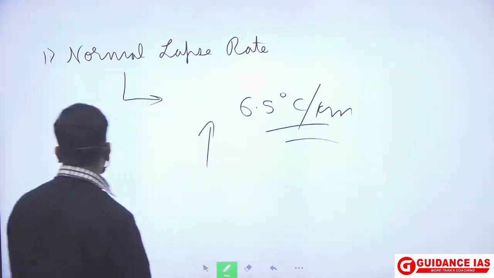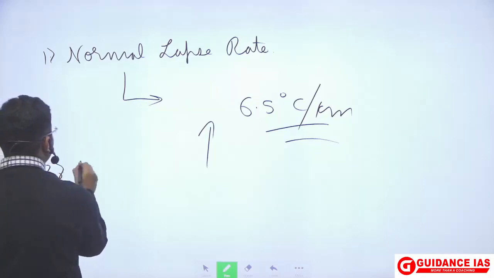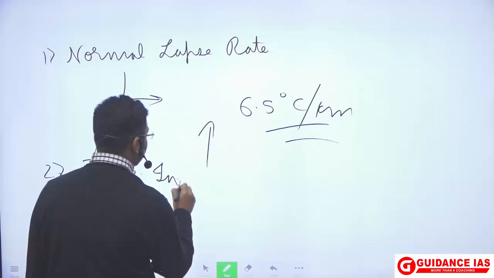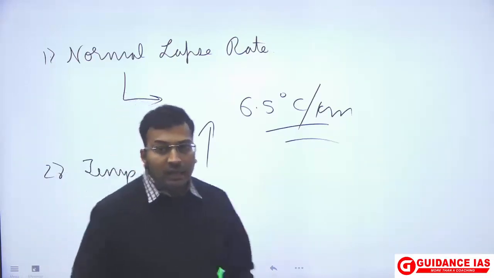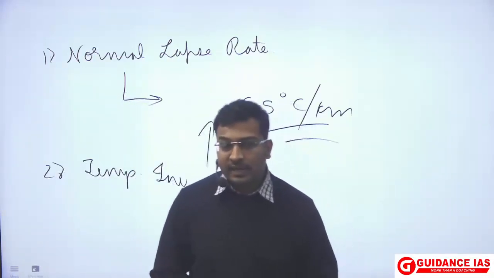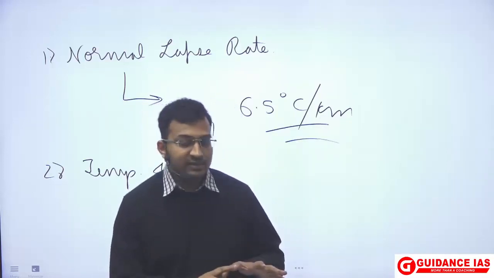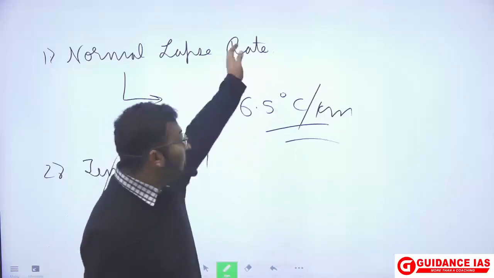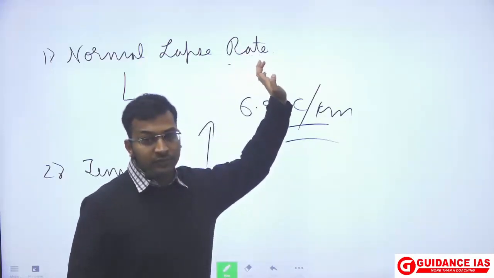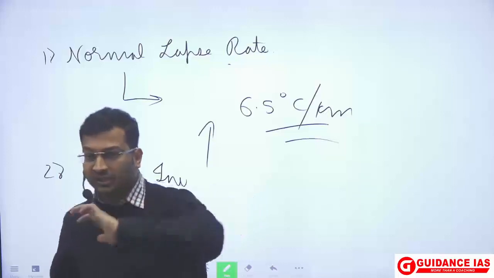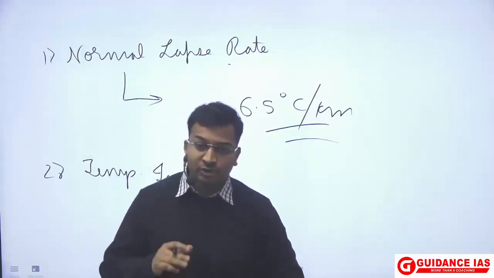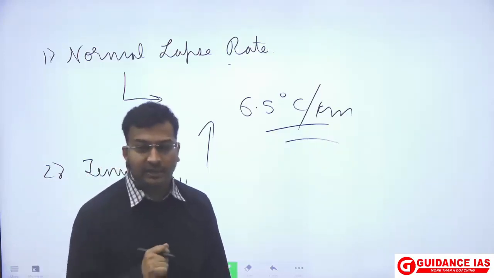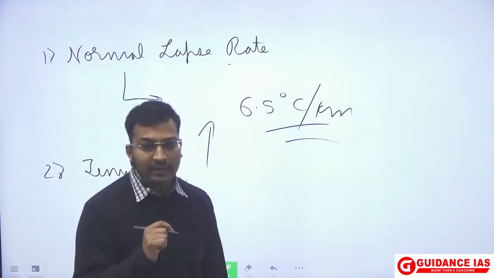The second thing is, what do you mean by temperature inversion? Now, at certain places during certain seasons, this normal phenomenon is not observed. As you move higher in the altitude, the temperature instead of decreasing, goes on increasing.